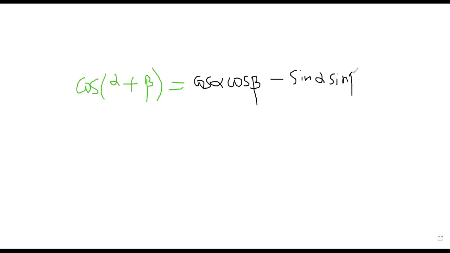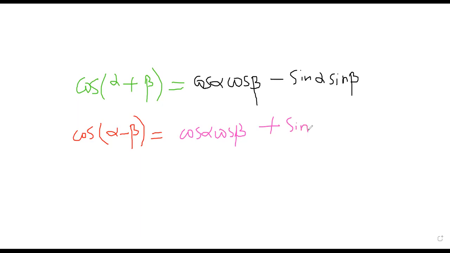Similarly, the fundamental law of trigonometry we discussed earlier, cos of alpha minus beta, will be equal to cos of alpha cos of beta plus sine of alpha and sine of beta.